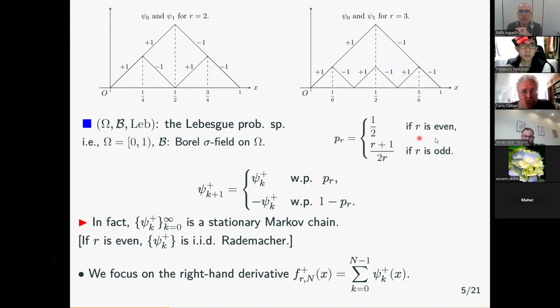When R is even, psi plus is an IID Rademacher sequence. But when R is odd, this psi plus is a stationary Markov chain, depending on the present state.